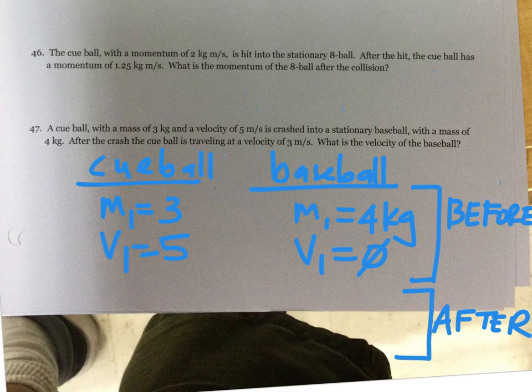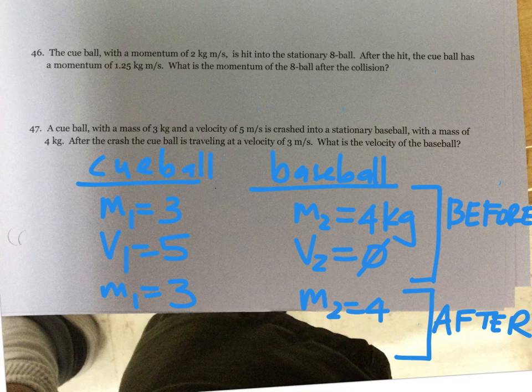After the crash, the mass of the cue ball is the same. It's still 3, just like the mass of the baseball is still 4. And I'm just realizing now I messed up the subscript here. These should be 2 instead of 1, because 1 is the cue ball, and we're making 2 the baseball.